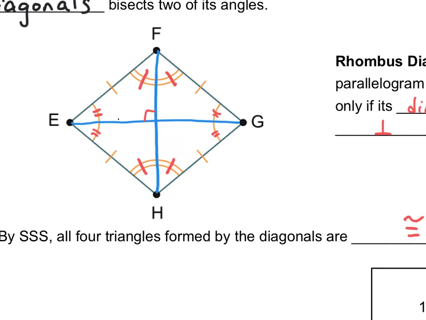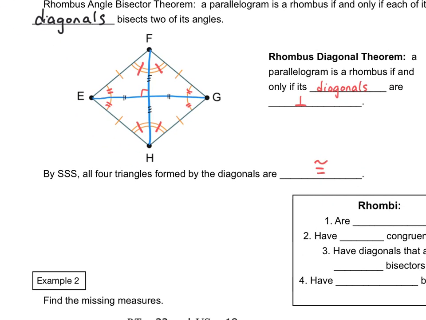So we know then that this segment is equal to this segment is equal to this segment, and then there we have a side congruency, because each triangle has side congruency. So there you go, we created 4 congruent triangles.